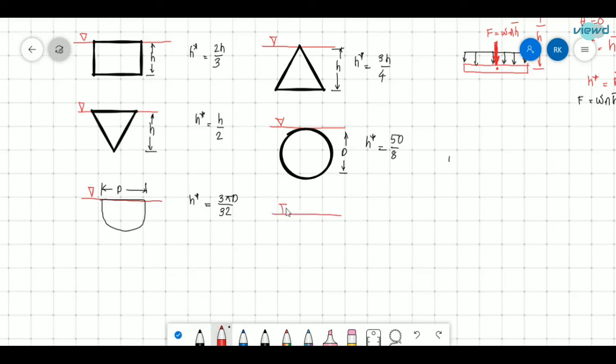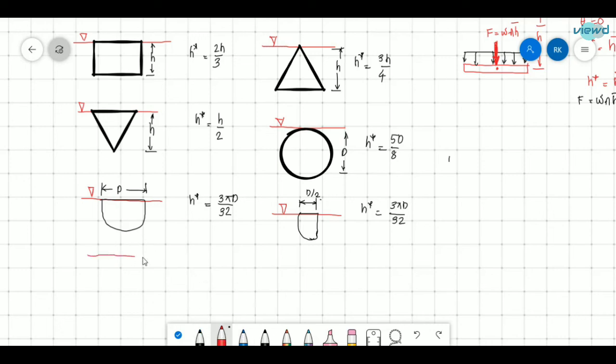Next, a quarter circle is there, and the diameter is d, so this radius will be d by 2, and h star for this is 3 pi d by 32, the same value as the semicircle.